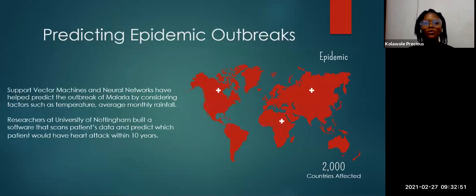Let's talk about the next one. Okay, here is the third one, which is showing the application of machine learning in predicting epidemic outbreaks, how machine learning has helped in predicting epidemic outbreaks. We all know that healthcare organizations are making use of machine learning and AI systems in predicting the epidemic outbreaks that are going to take over the world.